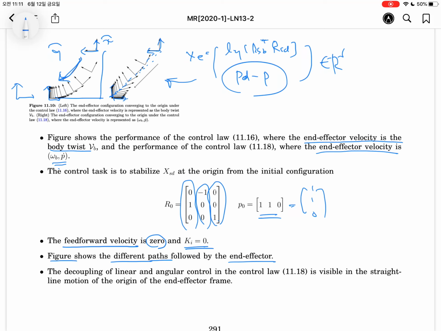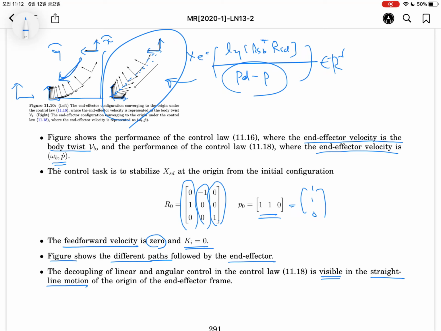The decoupling of linear and angular control in the control law here is visible in the straight line motion. If you separate like this, then you can make your control law from here. Then the straight line motion will appear. Let me ask you, is the straight line natural? Humans make use of straight line motion in the hand? I don't know. I think the left side, the twist motion, is more natural.